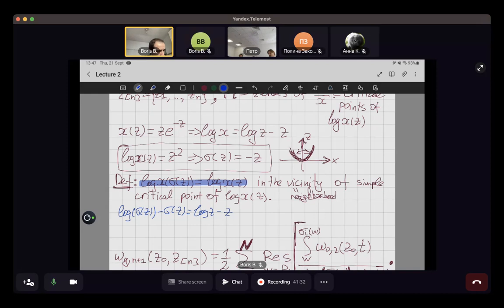One way to deal with this is to find this sigma as a Taylor expansion. We again live at z equal to 1, so we expand log z at z equal to 1, and we can find the first few terms of sigma of z.